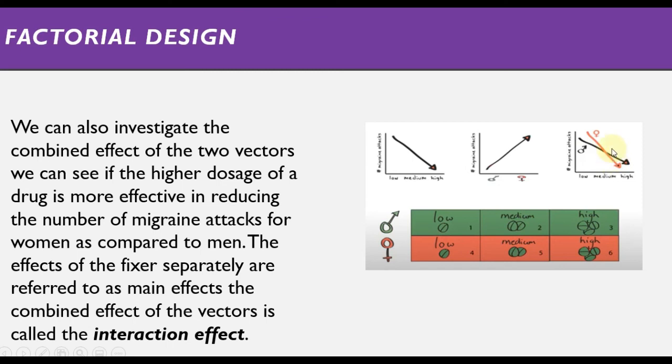Titingnan mo kung itong level ng drug, ang sabi natin kanina, ito ay 500, ito ay 1,000. Kung sa 1,000 milligram na binigay mo ay may interaction effect sila, or nag-crossing line nila while you are conducting the experiment, or ina-analyze mo na yung data, that is the interaction effect.